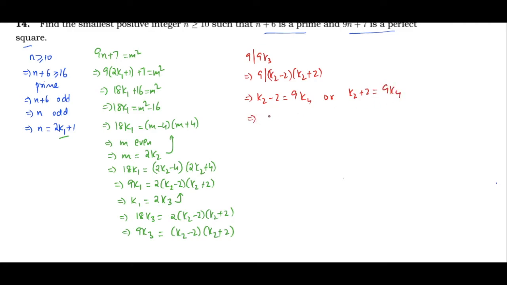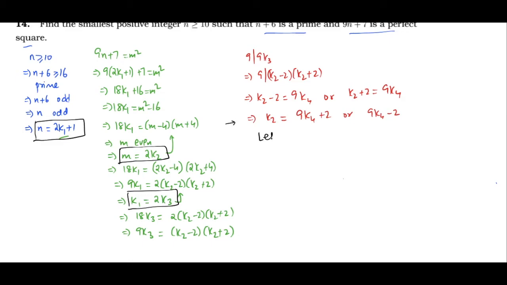In other words, k2 has to be of the form 9k4 plus 2 or 9k4 minus 2. So we have a few results: n in terms of k1, m in terms of k2, k1 in terms of k3, and k2 in terms of k4.